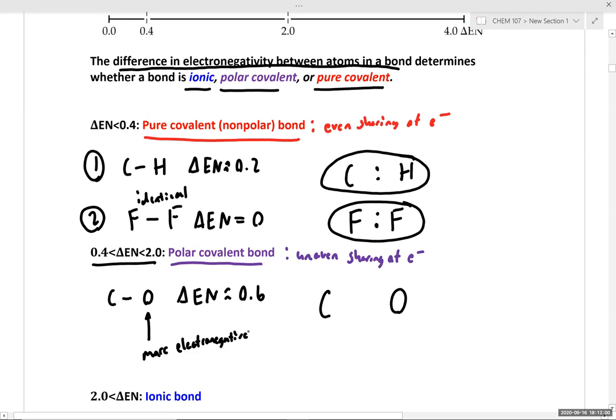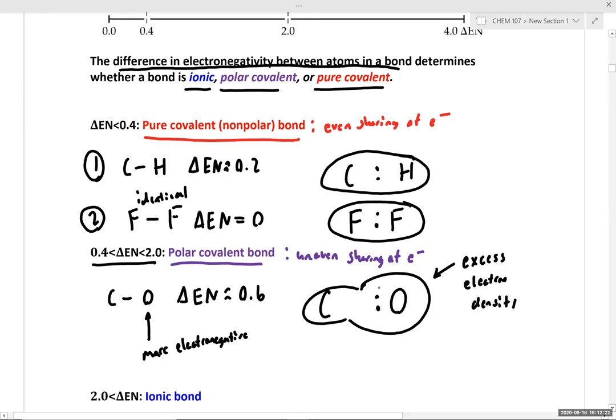And as a result, in our carbon-oxygen bond, most of our electron density is going to be centered on oxygen. Now, if oxygen suddenly has excess electron density, what are electrons fundamentally? Are they positive or negatively charged?